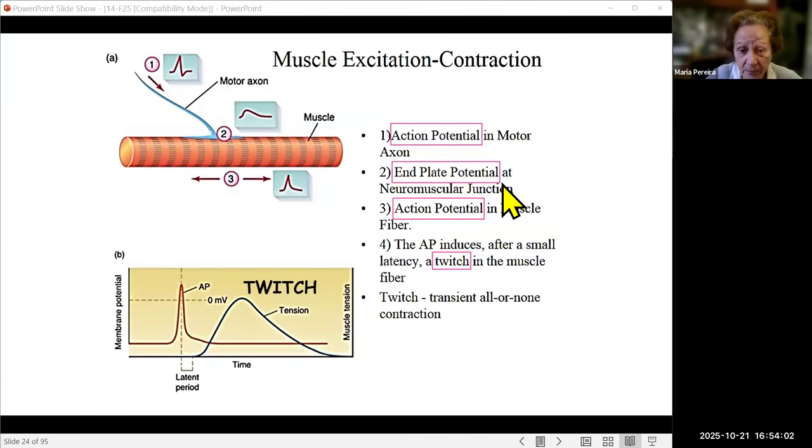Then you have an end plate potential that is developed at the neuromuscular junction when the axon terminal sends an action potential to the muscle fiber. First at the motor end plate, then the propagation along the sarcolemma. That's the action potential along the sarcolemma. And then you have the development of tension, the twitch. So you have these events leading to the development of tension in the muscle fiber.